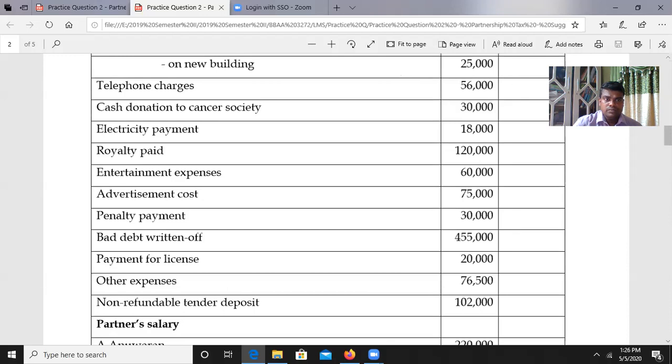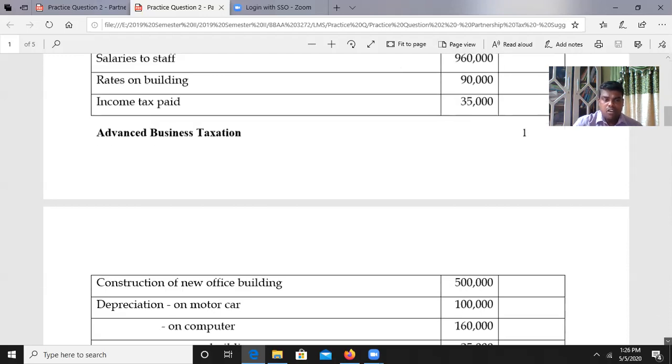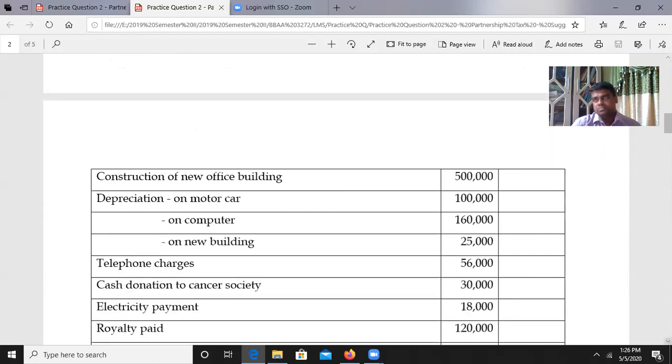Next one, construction of new office building. That's the cost of a new office building. In accounting also, that is wrong. Cost of building construction cannot be included as an expense. However, in this question, they included it as an expense in the financial accounting. But in case of the assessable business income calculation of the partnership, it cannot be allowed. That means that 500,000 cannot be allowed because that is a capital expense.